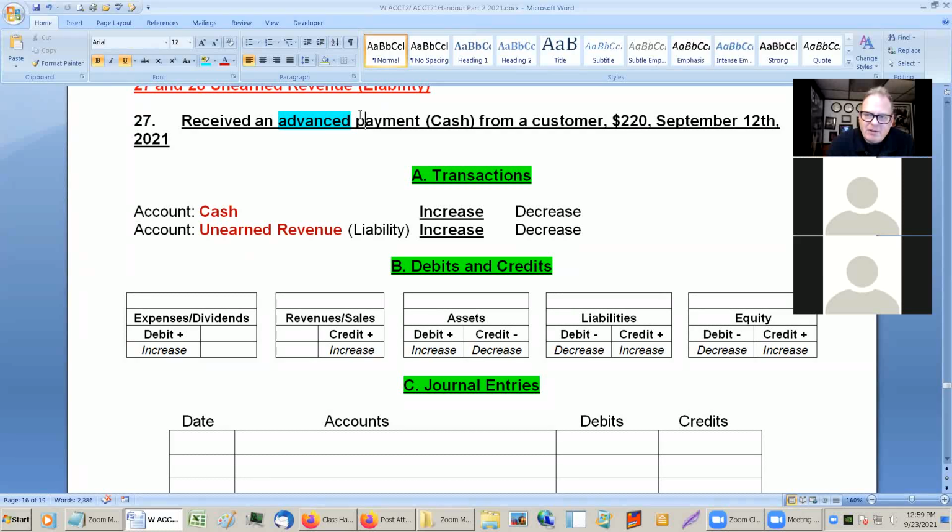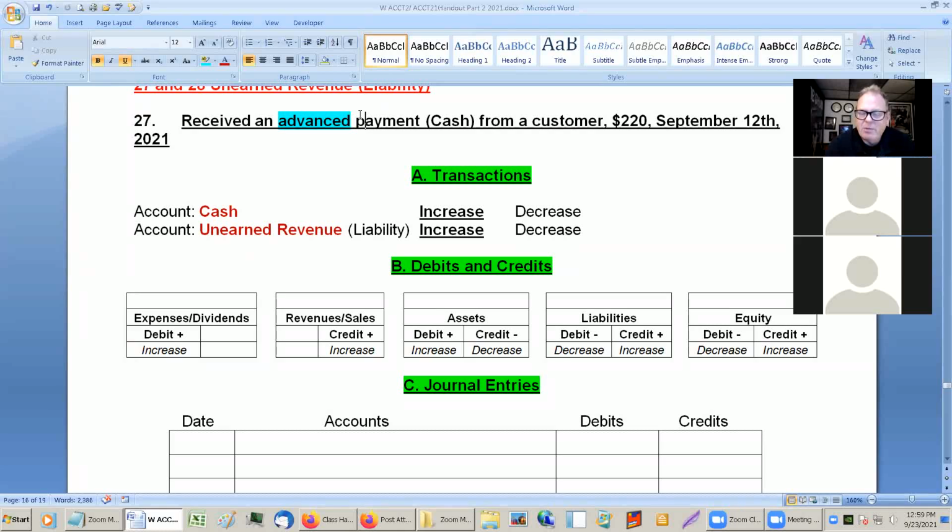It's sort of the opposite of accounts receivable. It's when someone pays you ahead of you doing the work, which is not usually the way it happens. Usually you do the work and then you say, okay, I did this work for you and you owe me whatever. But it's sort of the opposite in it. Another one is things like subscriptions, like a magazine subscription or an online subscription.